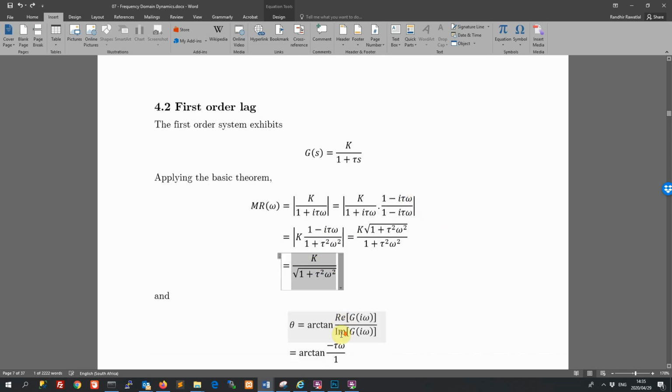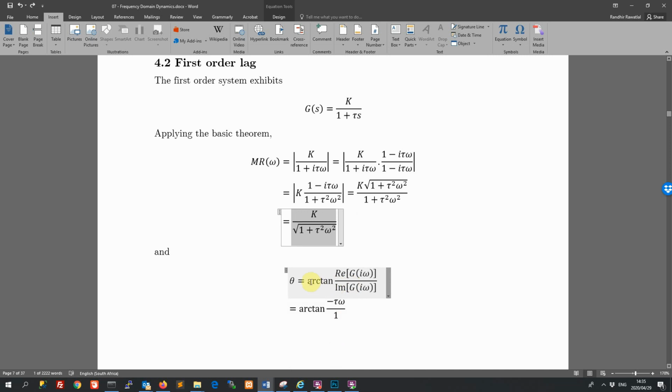And the angle then is going to be the arctan of the. In fact, this is the wrong way around, right? This should be imaginary part over the real part. Okay, and if we look at the imaginary part here, we've converted it.